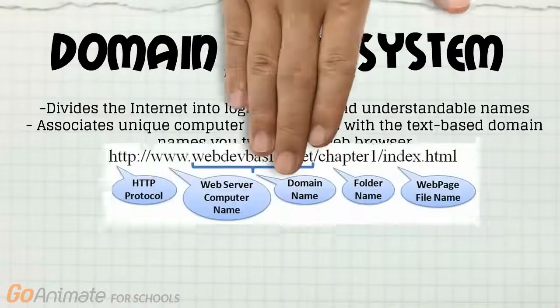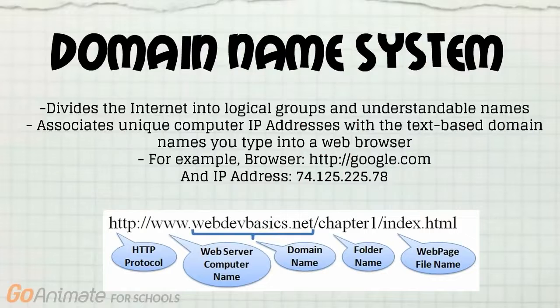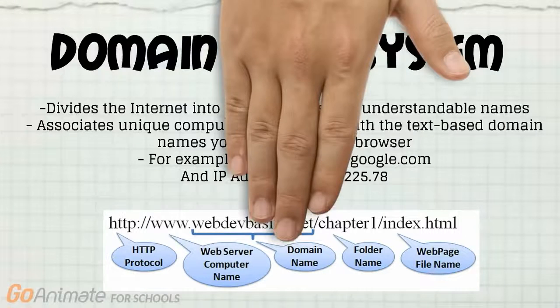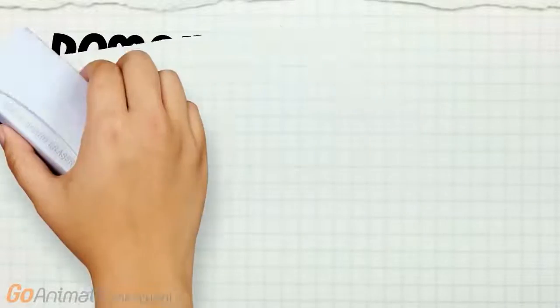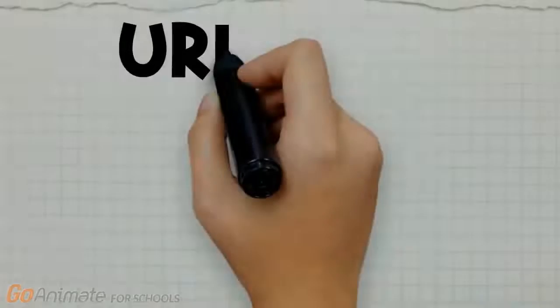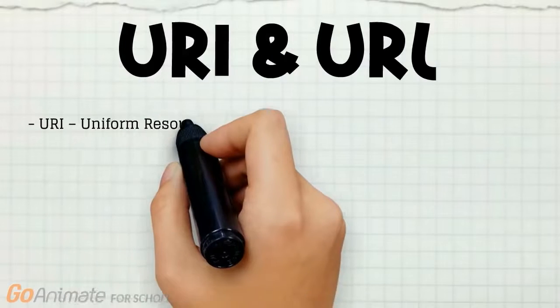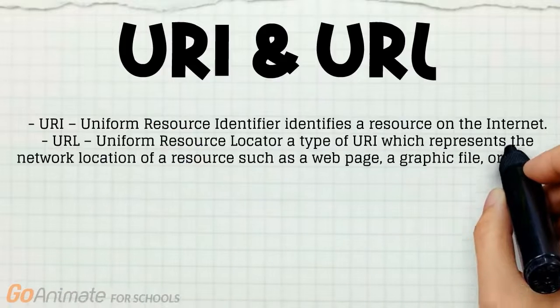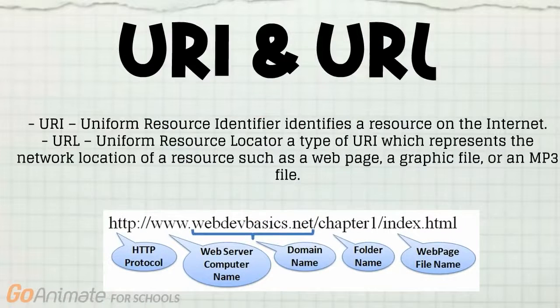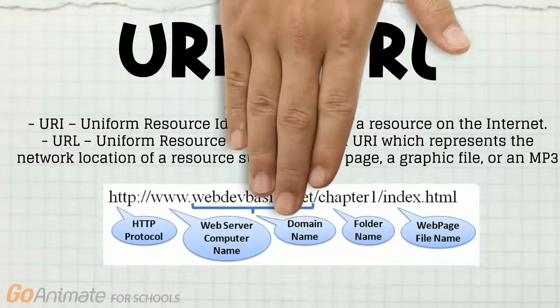Associates unique computer IP addresses with the text-based domain names in browsers. Uniform Resource Identifier (URI) identifies a resource on the Internet, while Uniform Resource Locator, a type of URI, represents the network location of a resource.